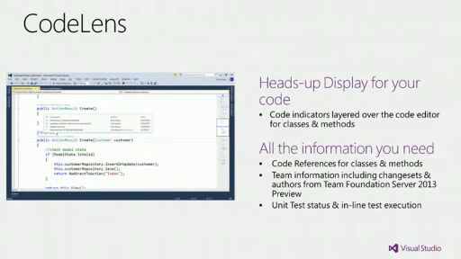So we have a new feature called Code Lens that I'm going to demonstrate for you. Ultimately, Code Lens is a heads-up display for your code. If I look at some code at any point in time, I can tell what that code does, or at least hopefully I can.